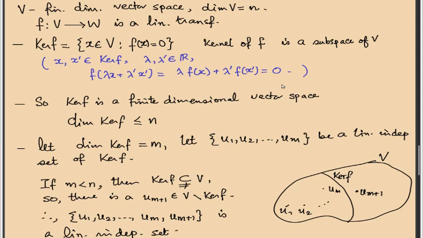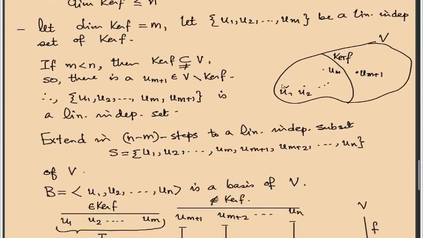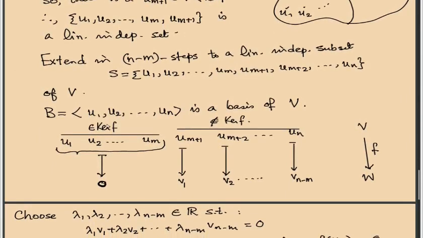We first took a basis of the kernel and then extended it to a basis of V. So the first part spans the kernel, and the rest of these vectors do not belong to the kernel, and hence none of the linear combinations of u m plus 1 to u n can belong to the kernel.